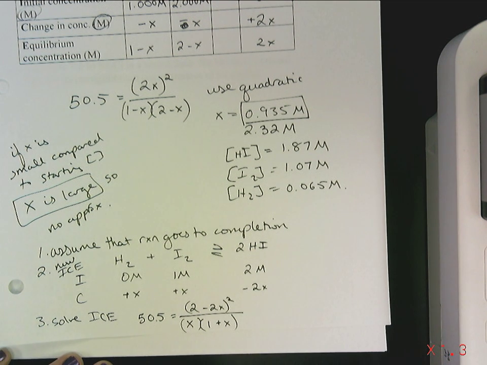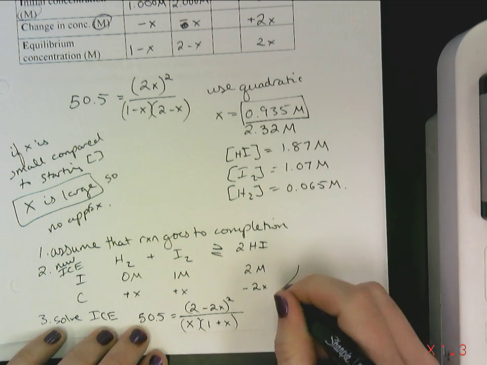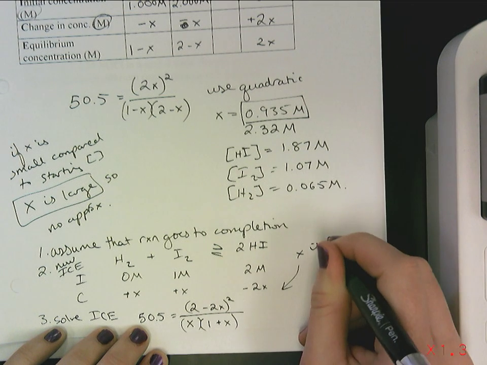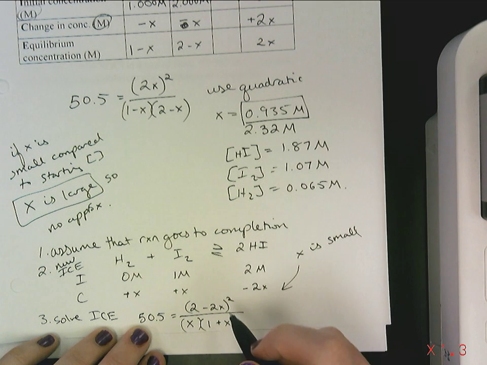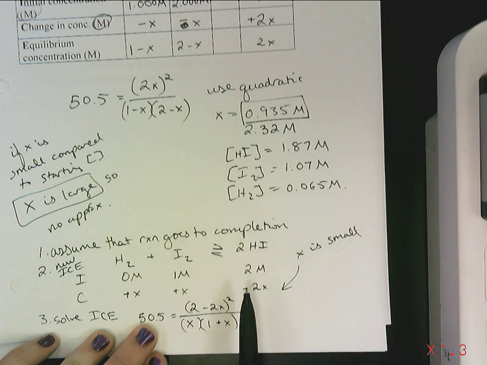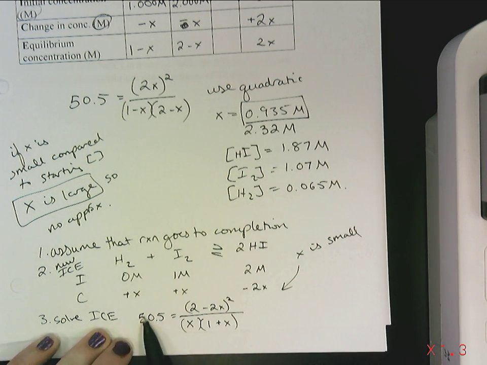Okay, and in this case, looking at this, right, we're not going to be shifting far away from the products because my K is actually large. I expect x in this case to be small. All right, why is x small? Because we're not going to shift very far backwards in the other direction when the products are favored in the overall reaction.